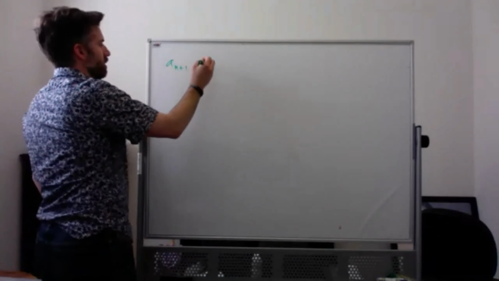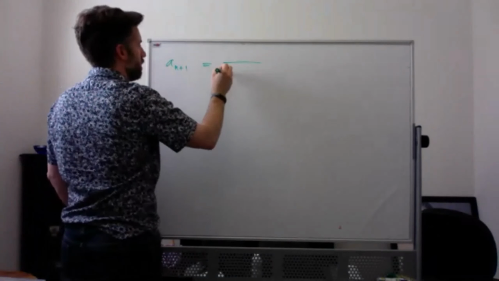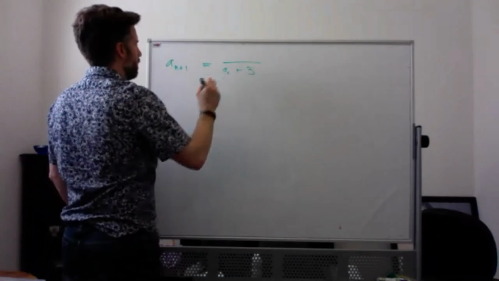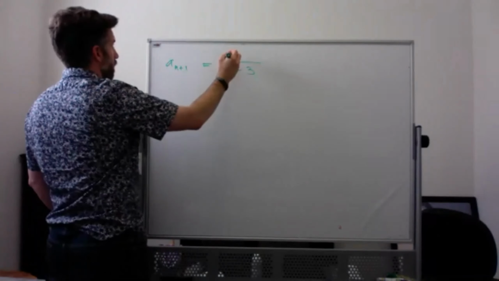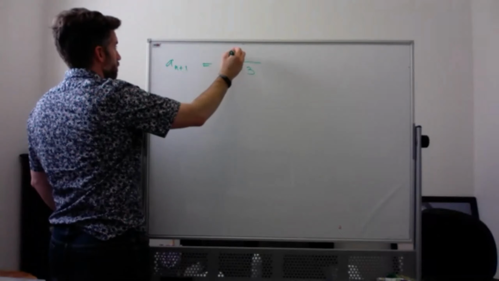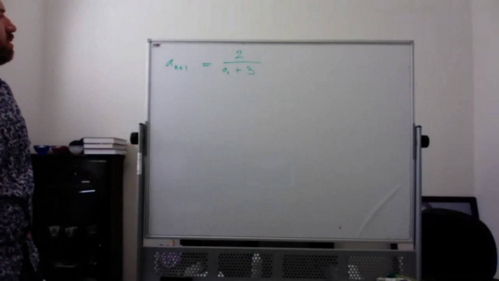Let's see, our difference equation was a sub n plus 1 equal to, let me come up with something good here, 2 over a sub n plus 3. That works fine.